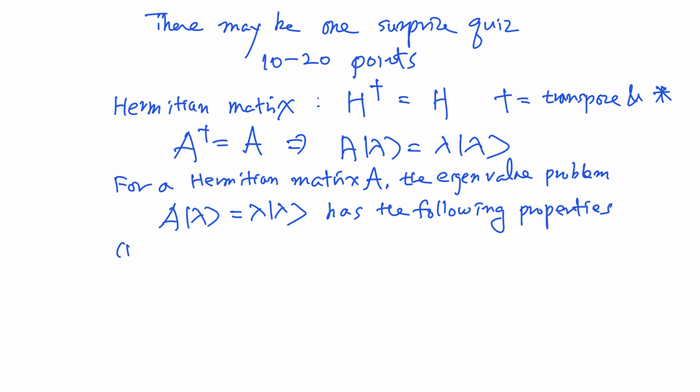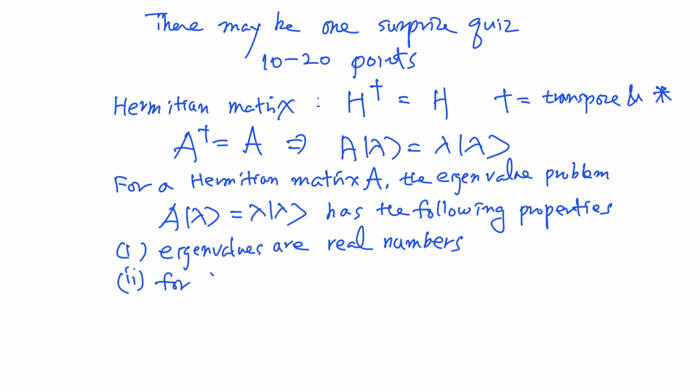Number one, eigenvalues are real numbers. Number two, for lambda i different from lambda j, the inner product of eigenvectors is delta ij.